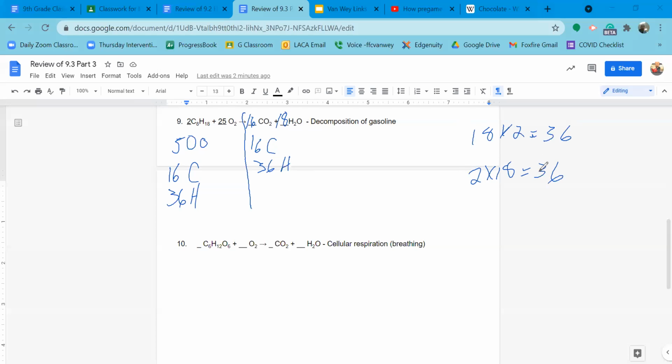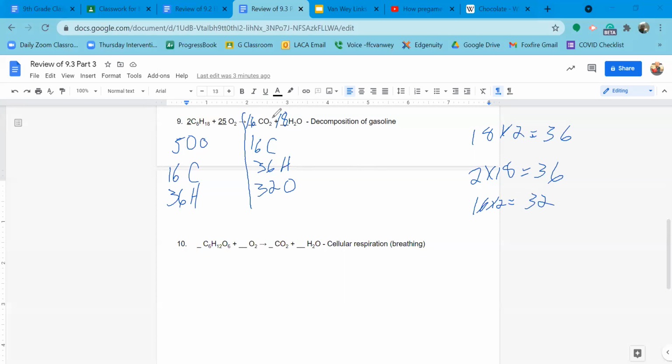Now I need to make sure that I have 50 oxygens. So I have 16 O2s. So 16 times 2, that's 32 oxygens. That's not 50. Oh, but I have some more oxygens over here in the water.